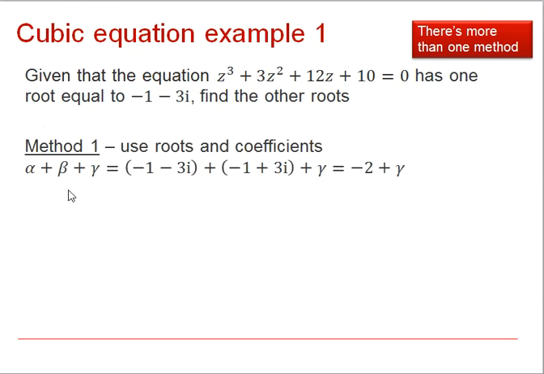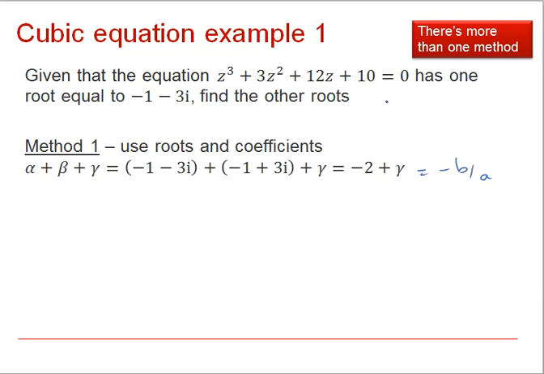Using the roots and coefficients, we can see that the sum of three roots, let's call them alpha, beta and gamma, but of course we know two of those roots already to be the complex conjugate pair. So all we're doing is adding those plus gamma, which gives us minus 2 plus gamma. But of course we know from our previous work that that is going to equal minus b over a.